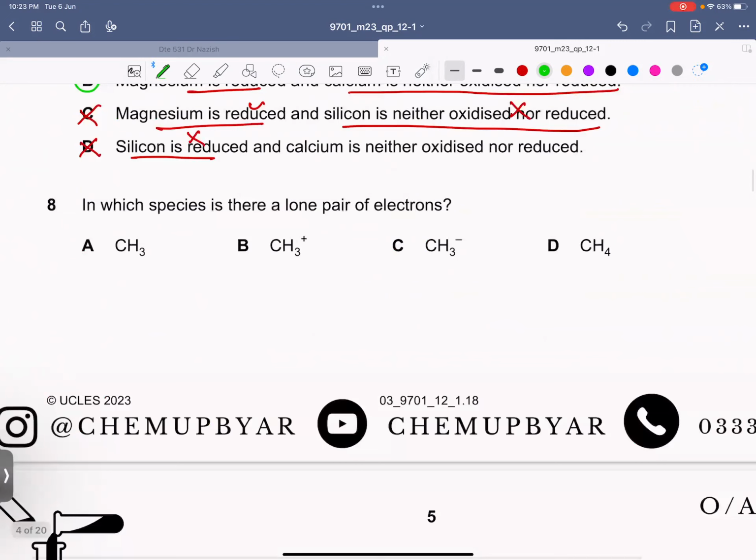Question number 8. In which species is there a lone pair of electrons? You all know methane. No electron, and positive ion, which means it is electron deficient. So if it is electron deficient, it also doesn't have any lone pair.